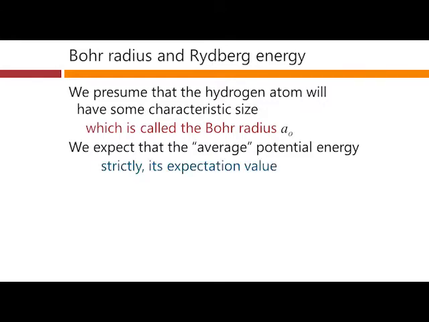We could strictly call that the expectation value of our potential energy, but we're only evaluating this approximately. So that would be something like minus e squared over 4 pi epsilon naught times the Bohr radius. So that's roughly the scale that the potential energy will be in this problem, we think.